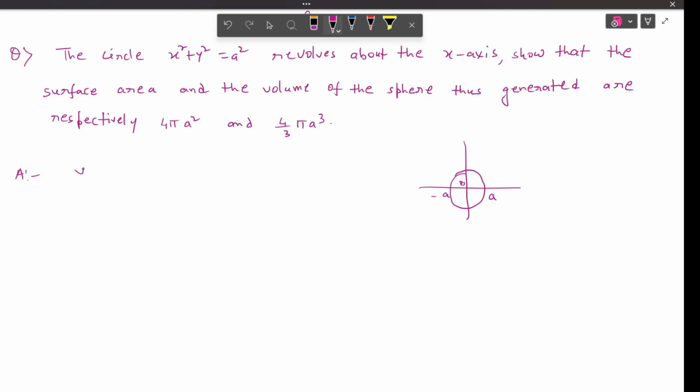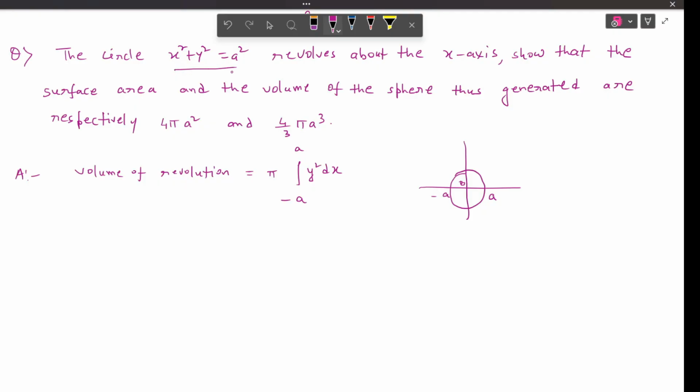So you know that volume of revolution about x-axis is pi integration a to b y square dx. So here from minus a to a, y square dx.